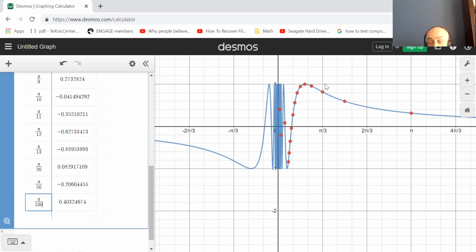Now, if you look at the graph, remember, if you want to have a limit as x approaches 0, it means that the y values of your point on the graph as you approach 0 would have to be about constant. But look at my y values, because this function is like an oscillator. It goes up and down and up and down.